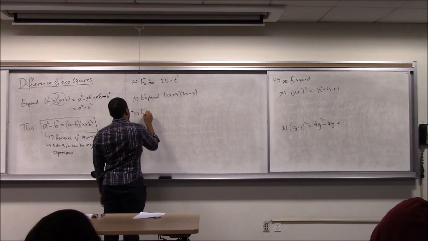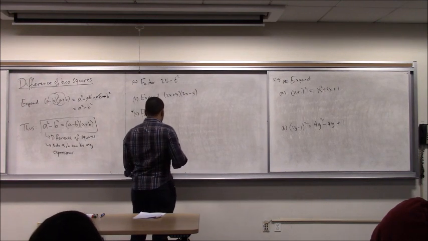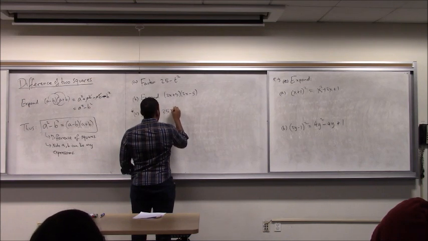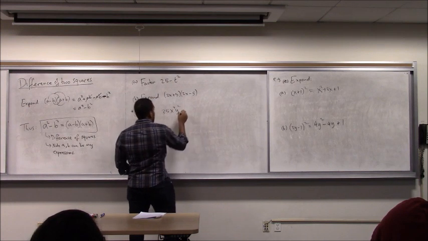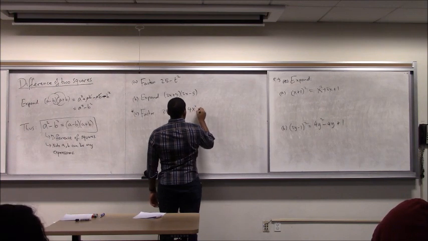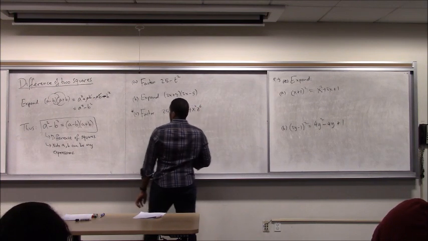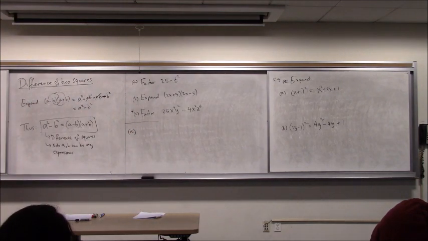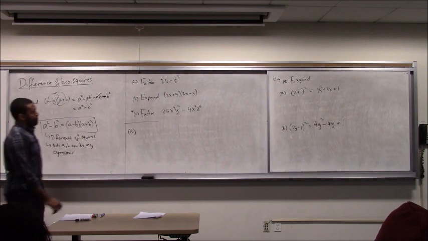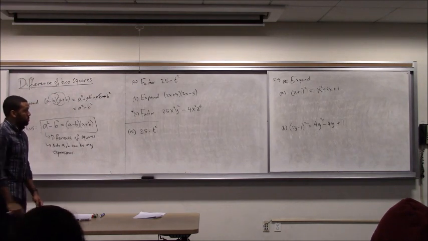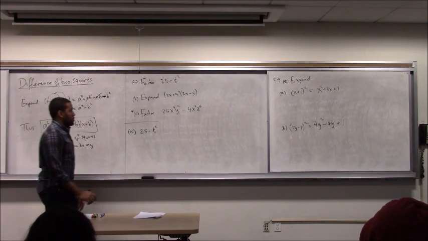I'm just putting it in there. Factor the first one. Negative t plus 5 and 2 plus 5.